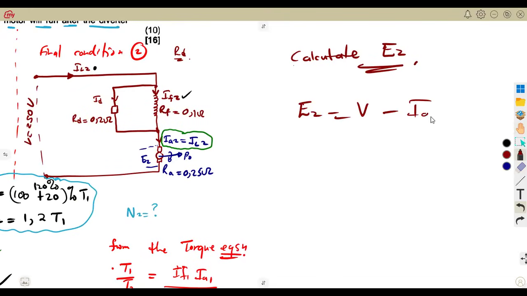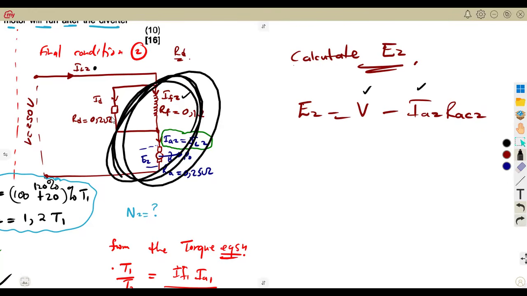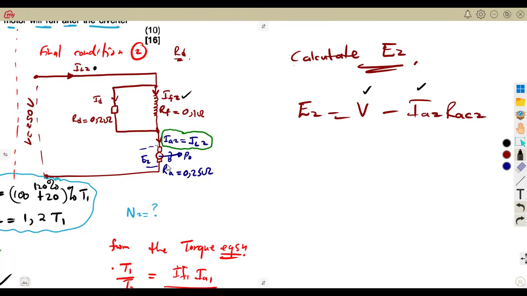V minus what? Armature current times the resistance of the armature circuit. So V, we calculated this, remember? The resistance of the armature circuit. What type of circuit are you having there? Where the armature current is flowing, it is affecting these two in parallel and RA.